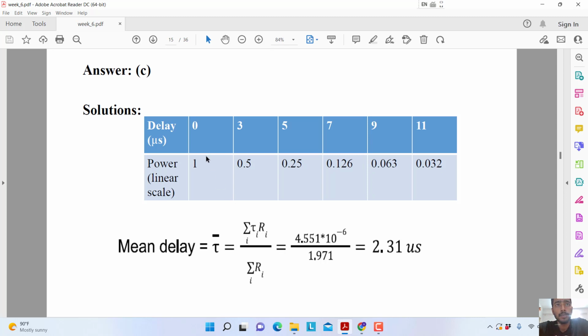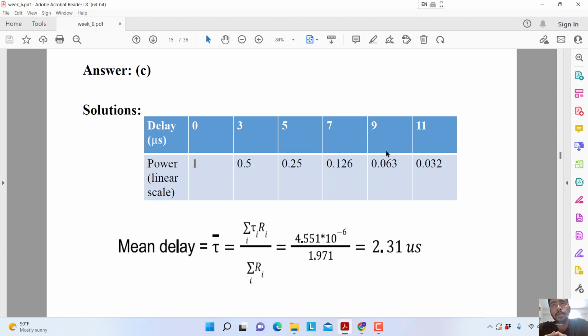The explanation is simple. Tau is this row, and this row is the power in linear scale. Just multiply them and do the summation. Firstly 1 into 0, 3 into 0.5, 5 into 2.5, 7 into 1.0, 7 into 0.126.